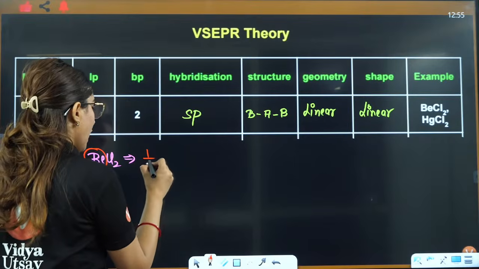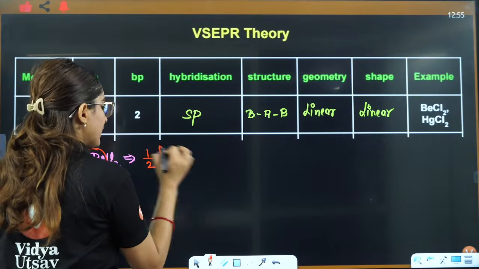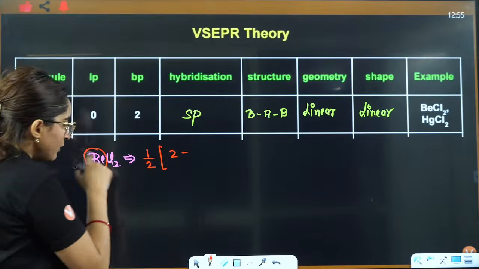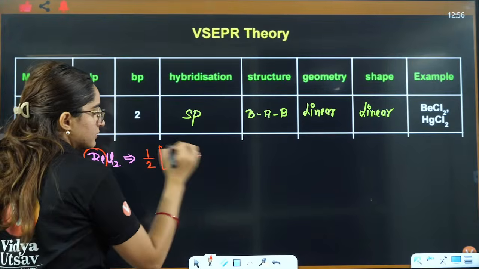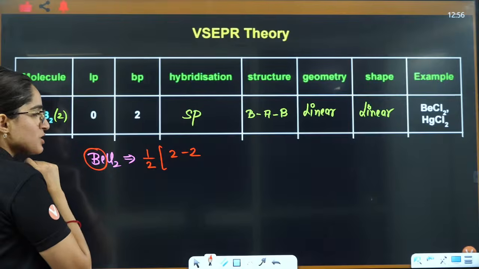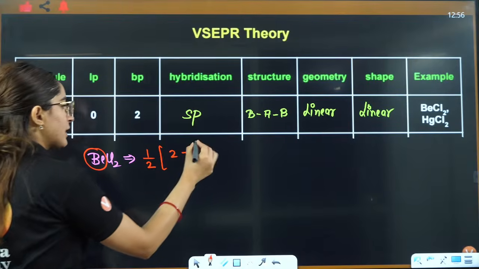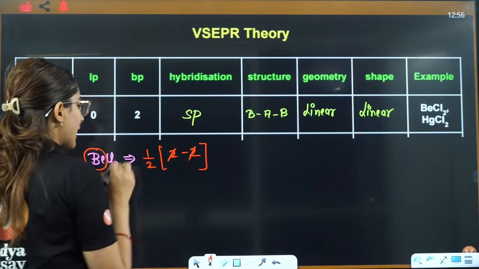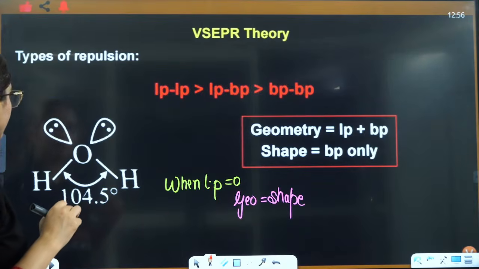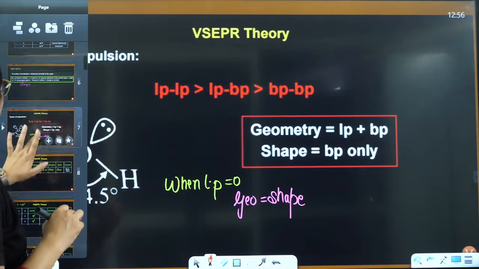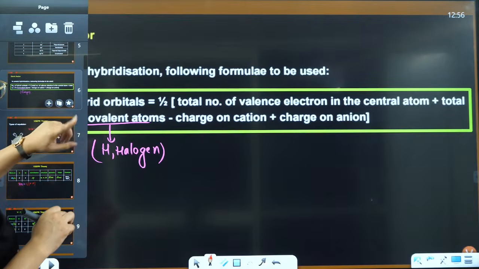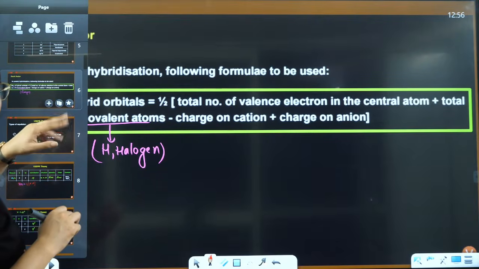Now, half of the 2 valence electrons plus the number of monovalent atoms, 2 monovalent. Any positive or negative charge? No. Let me just check the formula. Half into the total of valence electrons plus number of monovalent atoms minus charge.